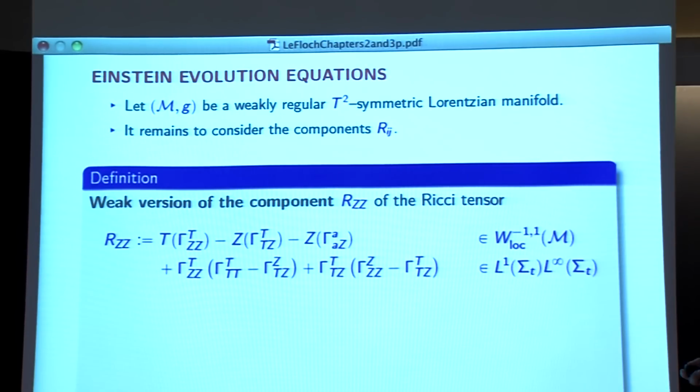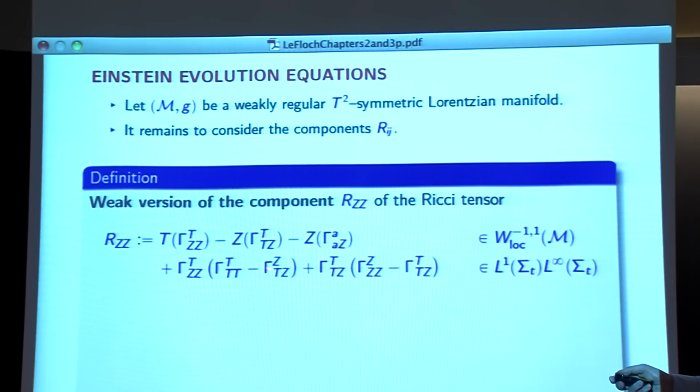Then you have terms for which I'm now going to use the additional regularities that I could prove. I told you that these differences, this one and this one, were L infinity, bounded functions. That's useful because when you write the expression of the Ricci curvature, you collect the terms in this way. You should not split this in two terms. Of course, for a smooth solution, it would be possible.